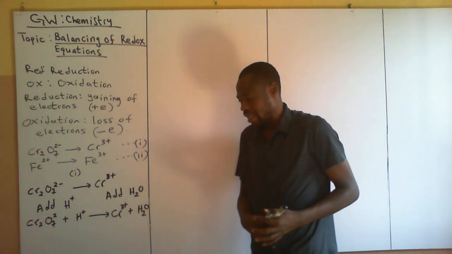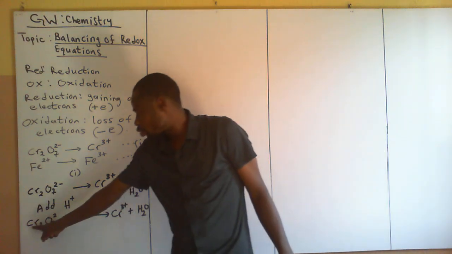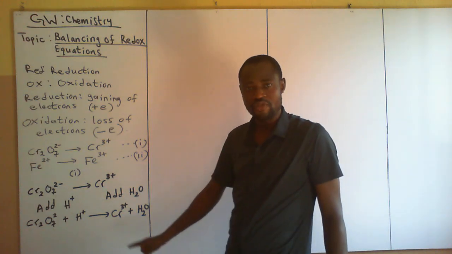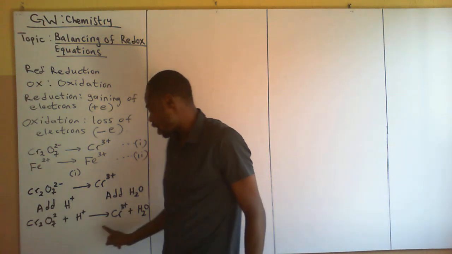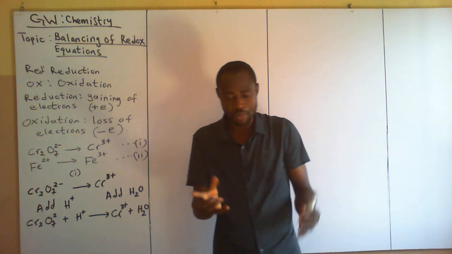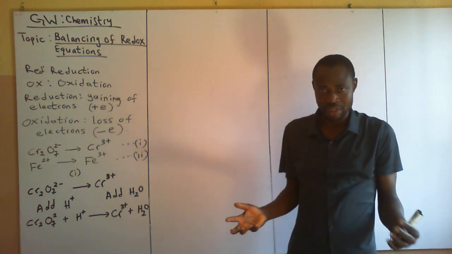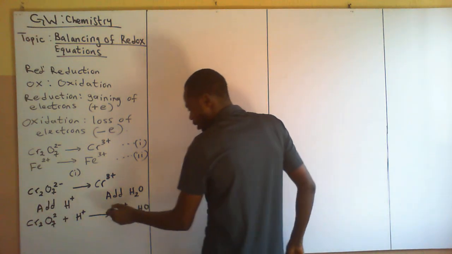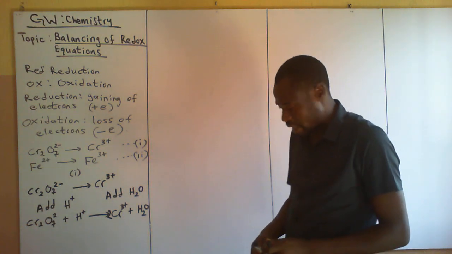All atoms are now present. Look at it critically. How many Cr do we have at the left hand side? We have 2. How many do we have at the right hand side? We have 1. The LCM of 2 and 1 is 2 under normal mathematics. Then the number to multiply 1 to give us 2 is 2. You put 2 here. Cr is now balanced.